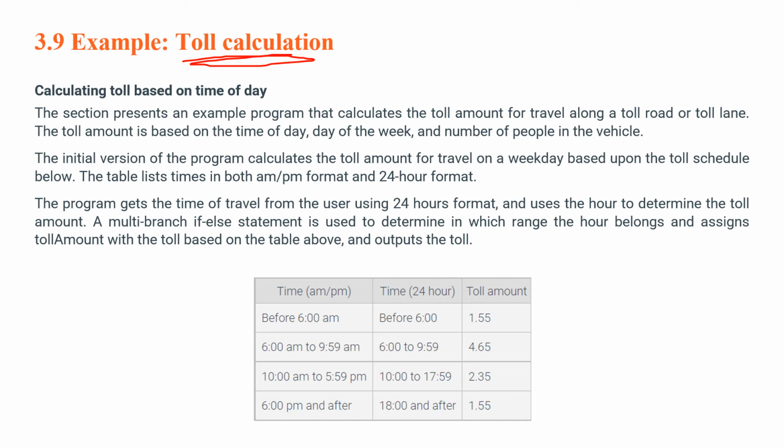A car is going on a toll road, and this program calculates the toll amount after its travel at that time of the day. The time in this code uses a 24-hour format, which makes the code easier.